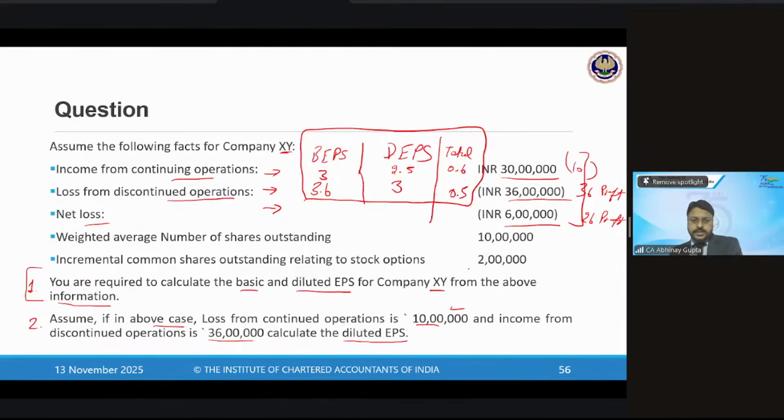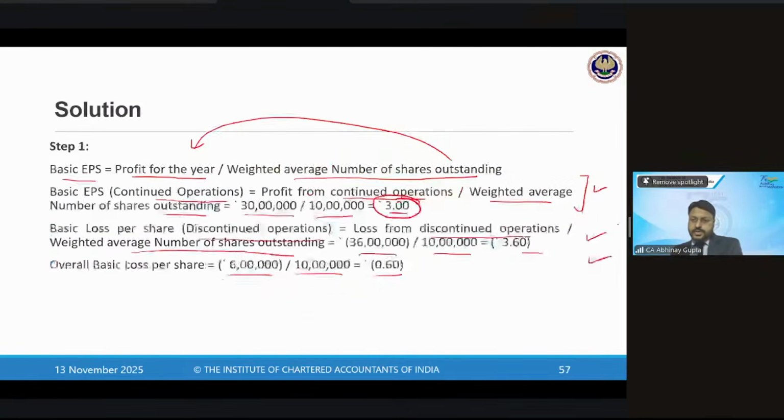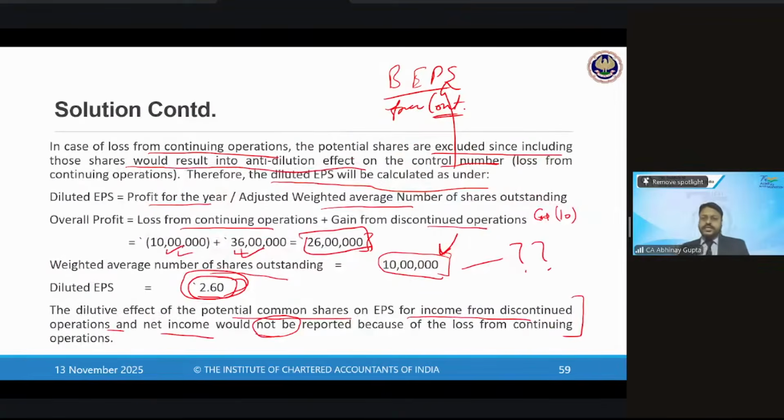Here it is the second scenario I'm talking about: 10 lakh loss, and 36 lakh is the profit from discontinued operations, right? If I calculate the basic earning per share, 10 lakh divided by 10 lakh is minus 1 rupee per share. This would be the basic earning per share from continuing operations.